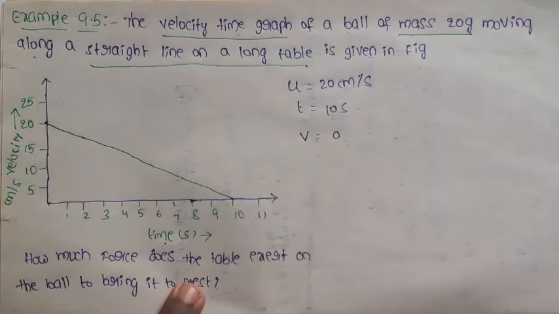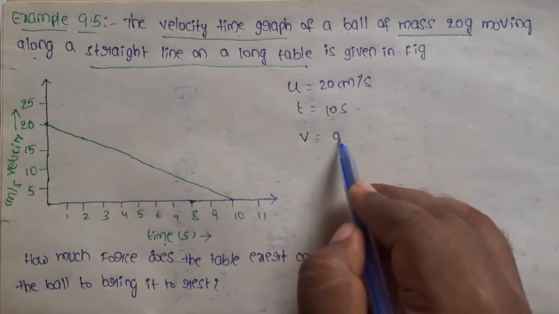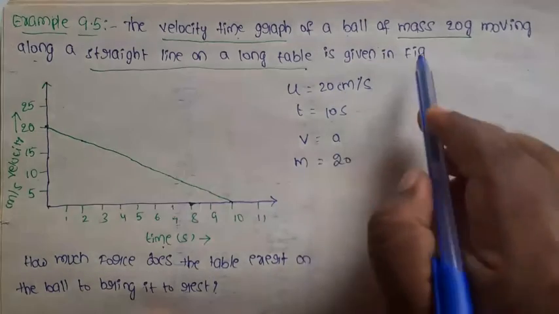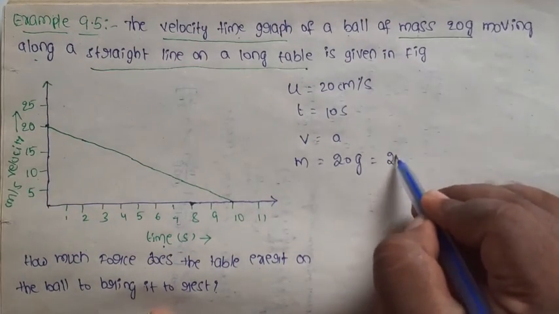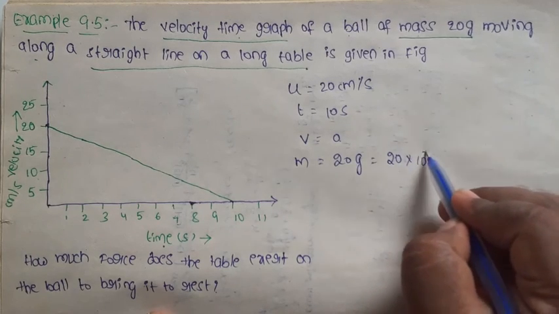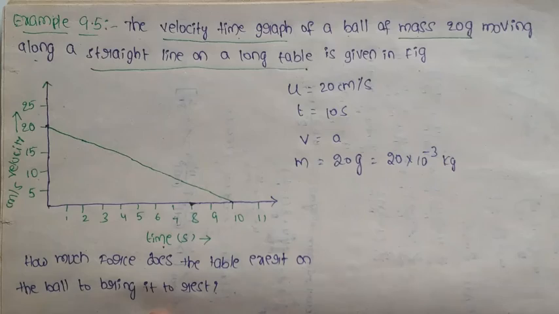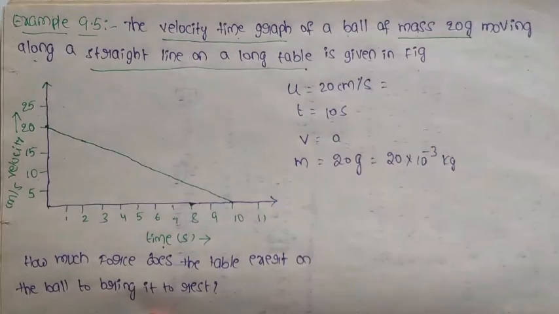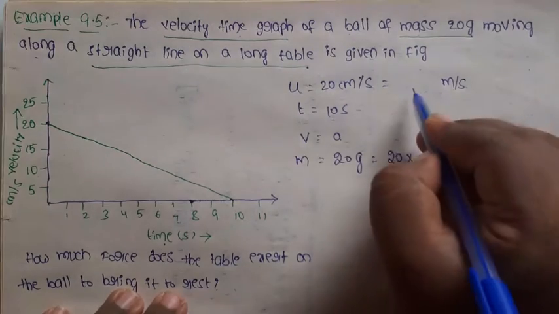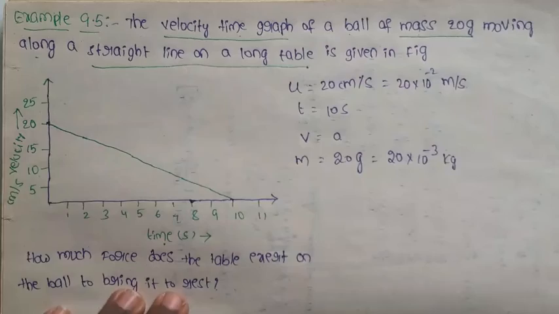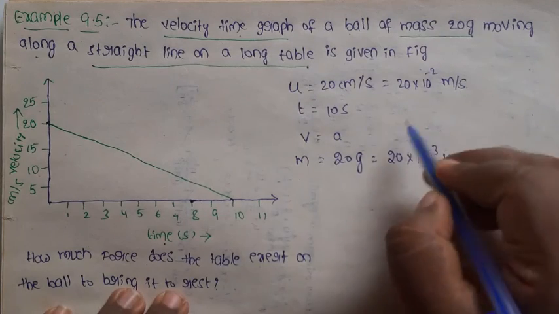Initial is 20 centimeter per second, final velocity is v equal to 0. Mass of the body is 20 grams, converted into kg 20 into 10 to the power of minus 3 kg. 1 gram equal to 10 to the power of minus 3 kg. Here also I am converting to meter per second, 20 into 1 centimeter equal to 10 to the power of minus 2 meter per second.